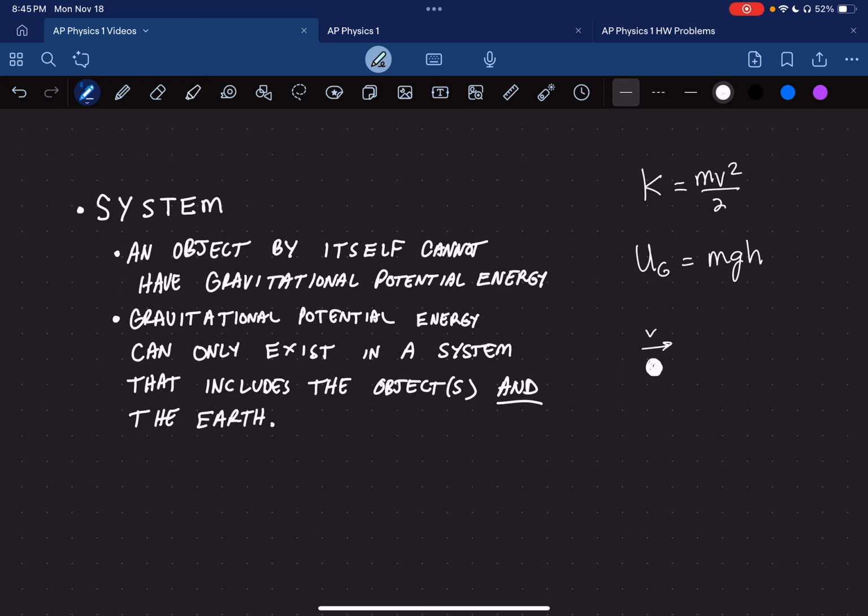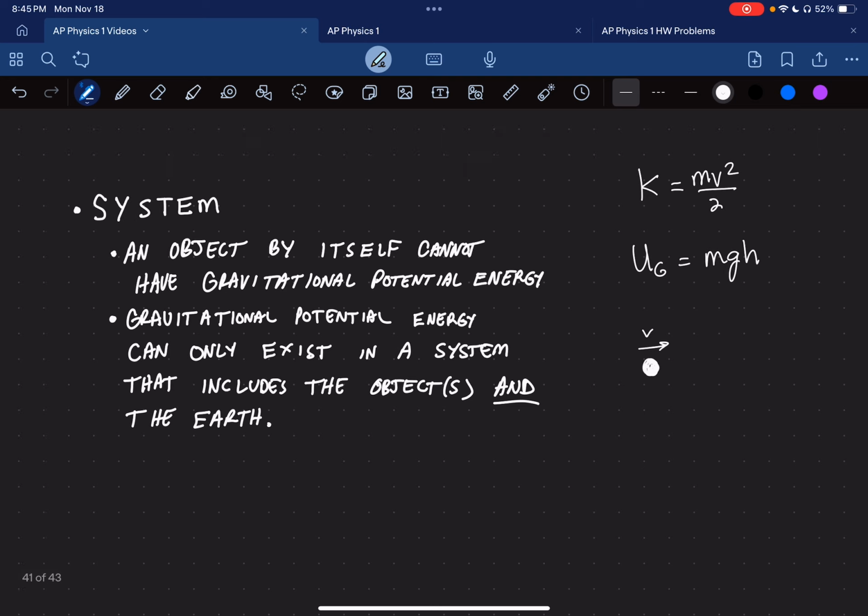But something we're noting here is that on the AP exam, they would like to sometimes ask you about the energy of the ball or energy of the object. My point is that the object can have kinetic energy, but an object alone cannot have gravitational potential energy.